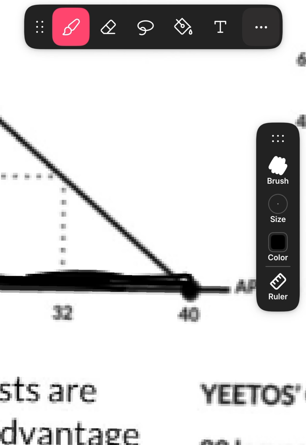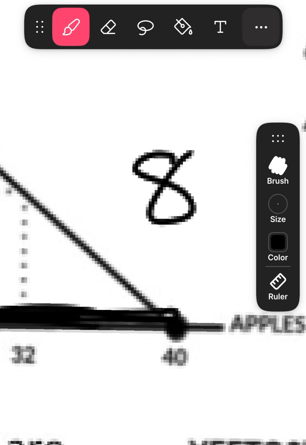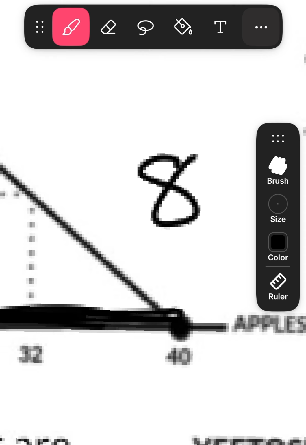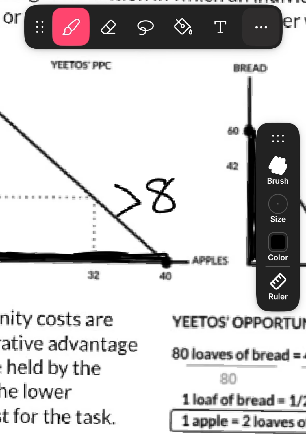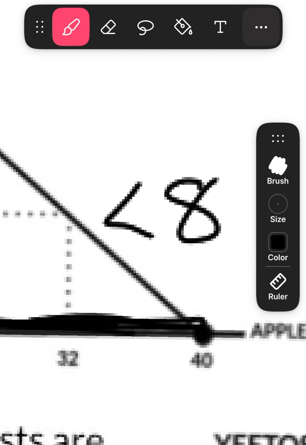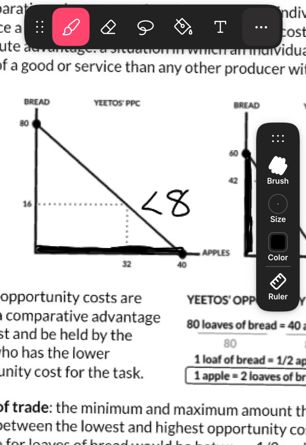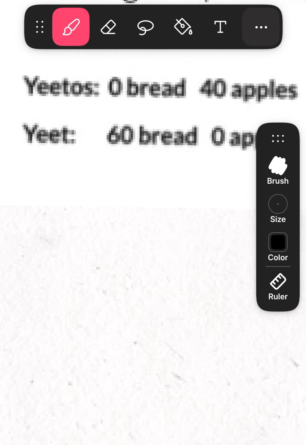So 40 minus 32 is 8. He's also not going to trade 8 away, because then he'll have exactly 32 and it'll be exactly the same. So he will trade less than 8 of his apples away to Yeet. That's what he's willing to put away, so I'm going to put less than 8.